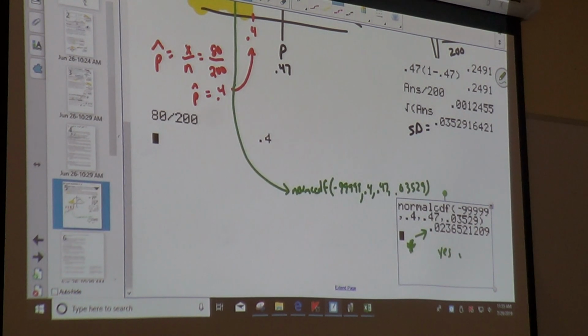Yes, it is unusual, because it's less than 0.0205. But on the test, it just says calculate the probability of p-hat. And because we're calculating the probability, we're finding the shade.